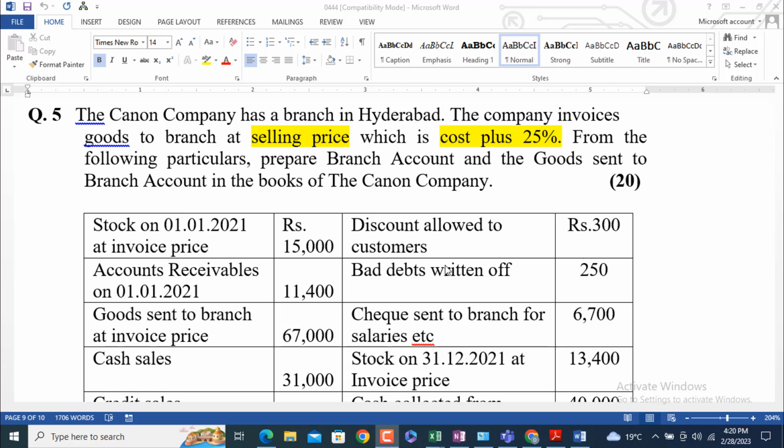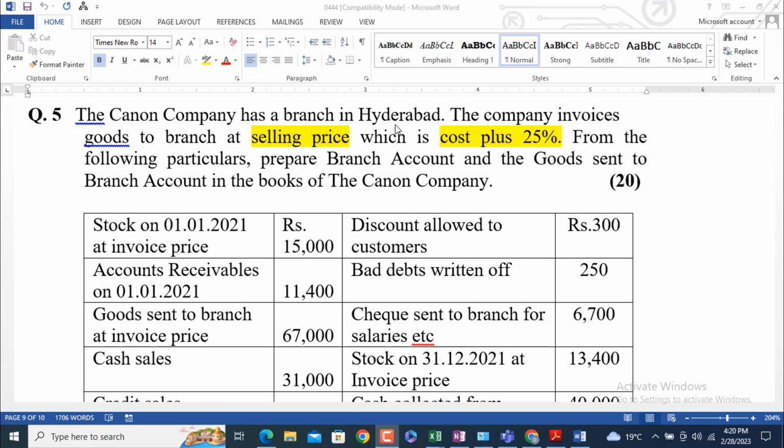Then we will read the requirements associated with this question number 5, and then we will discuss the solution of each requirement or task of this question. The Canon Company has a branch in Hyderabad, and the company invoices goods to the branch at selling price, which is cost plus 25%.